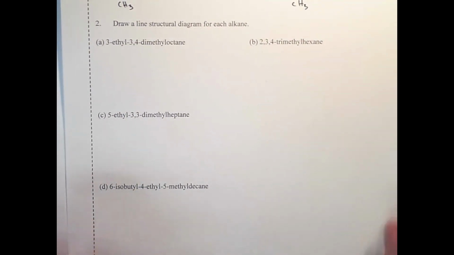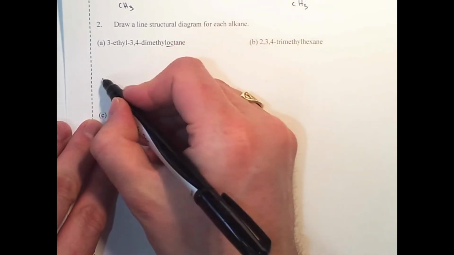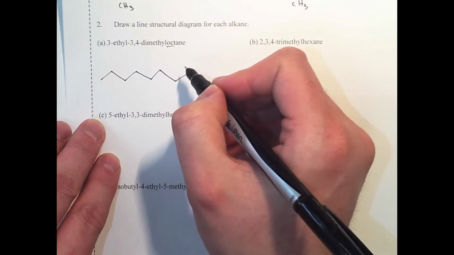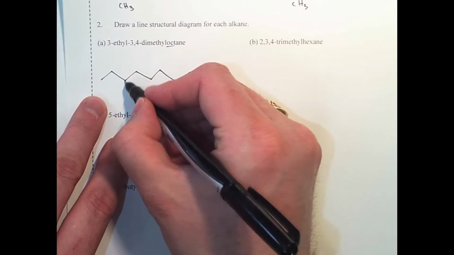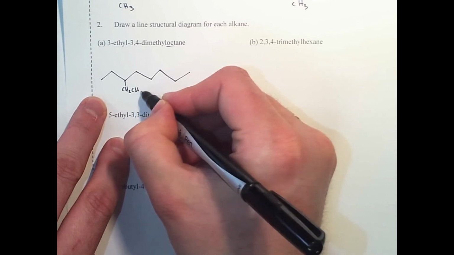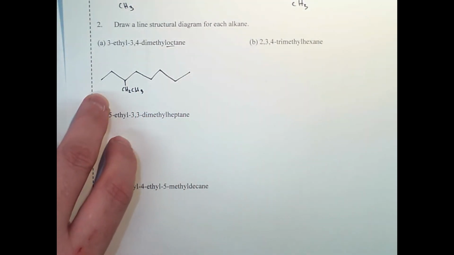So now just to sort of challenge ourselves, and I've seen some people that draw the condensed and then go into line diagrams. We'll try and go right for it. So identify your root, so octane. So 2, 3, 4, 5, 6, 7, 8. I have an ethyl group at 3. I'm going to write in my alkyl chains as condensed form.